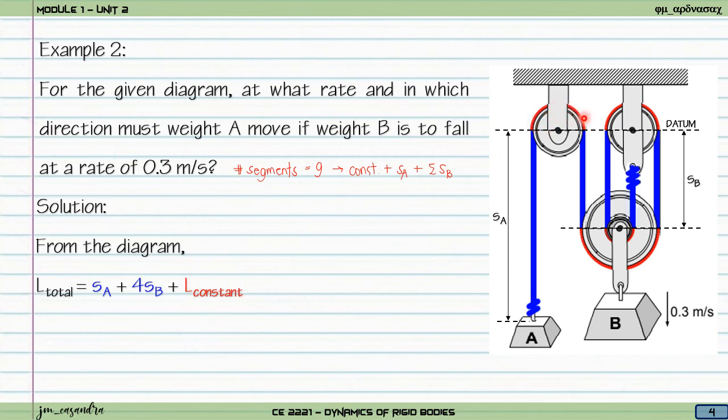So this will not change even if A and B will move.